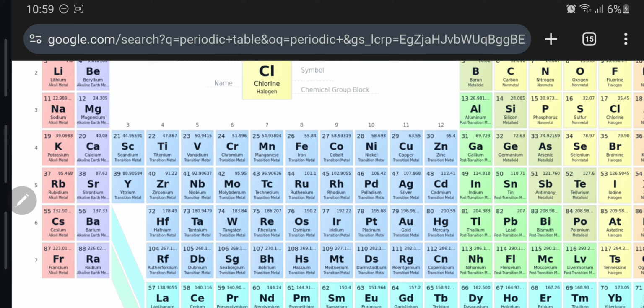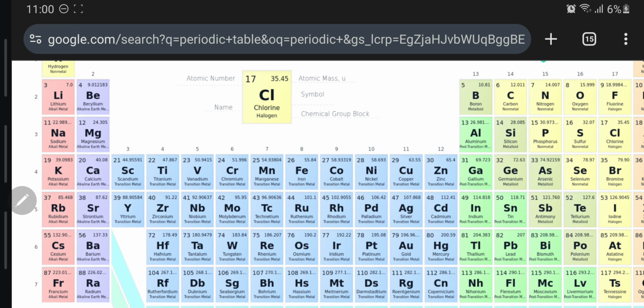If we come to calcium, the atomic number is 20 and the mass number is 40.08. Carbon, as we can see here, has atomic number 6 and mass number 12.011.